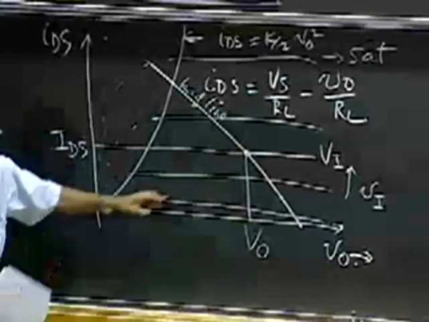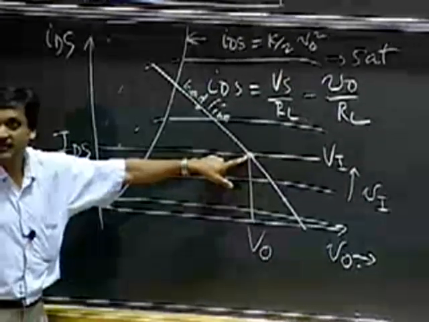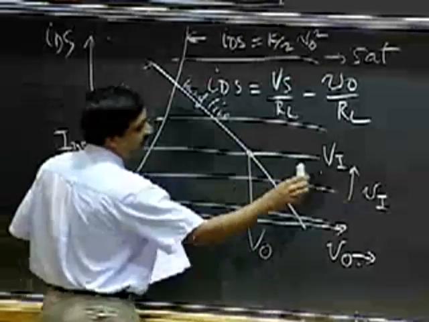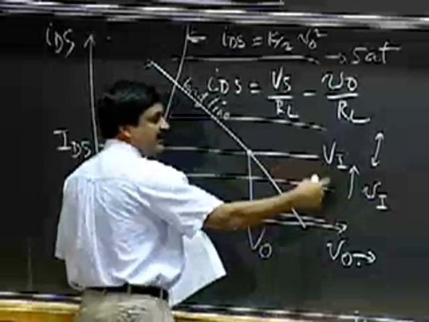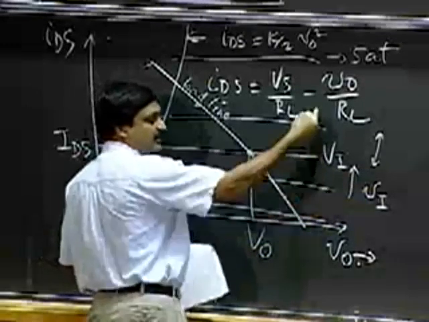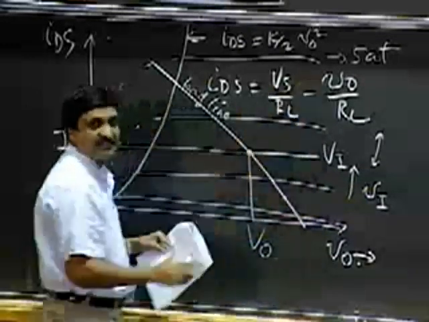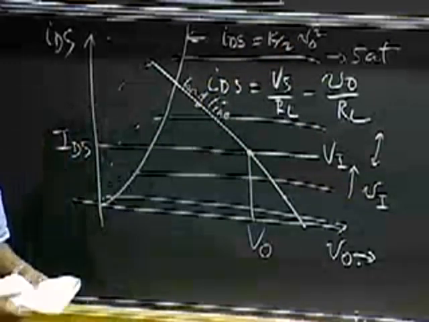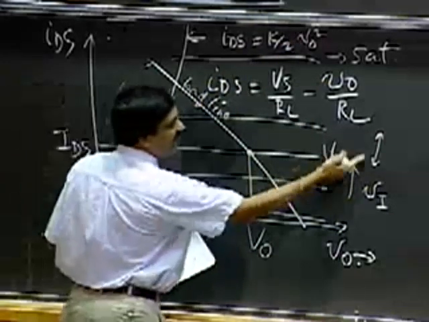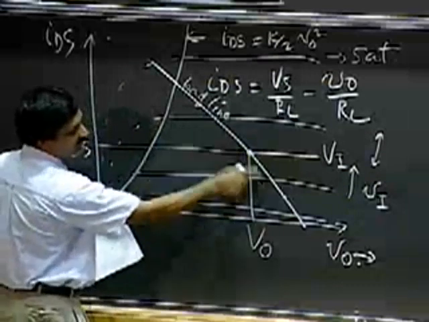Notice that if I choose a bias point here, then as the input VI in this graph goes up or down, I would be traversing and following different lines in my MOSFET characteristic. And as VI increases, the operating point would come up here and so on.